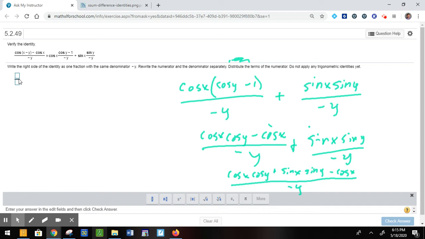if you were just doing this by hand, you would need to figure out how we turn what we just got here into what's on the left side of the original equation. So the part that's different is this part here, the cosine x cosine y plus sine x sine y. That's where the trig identity comes in.